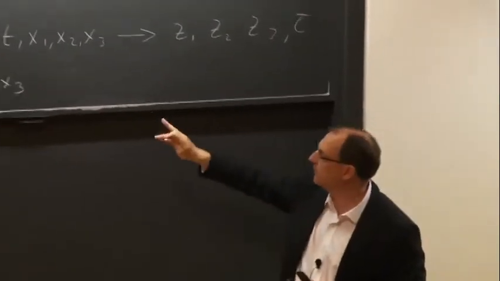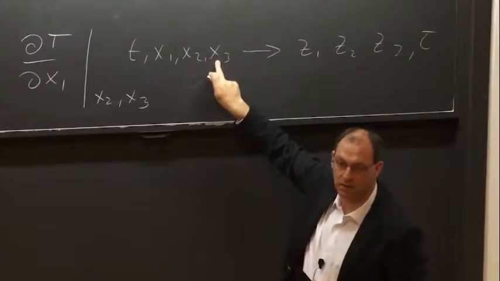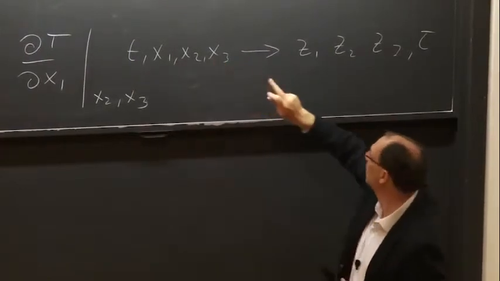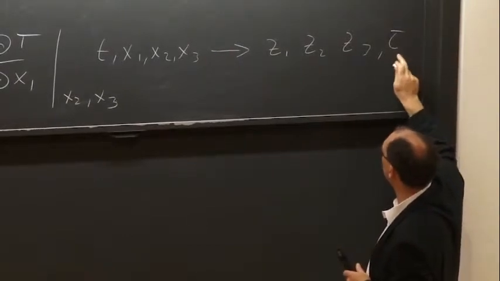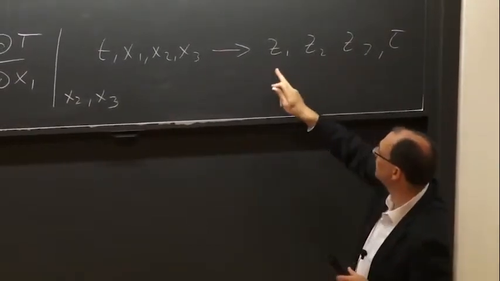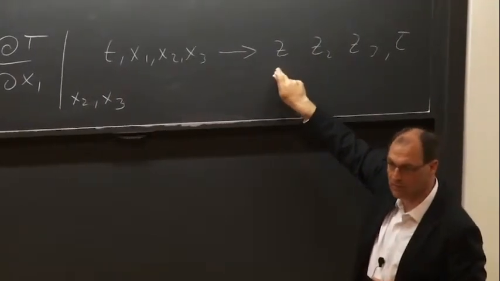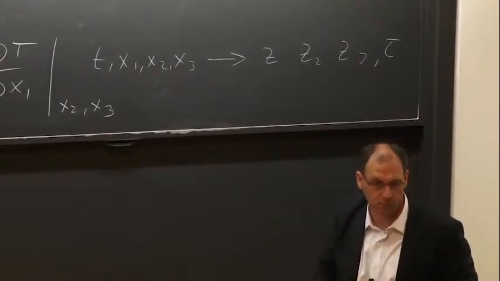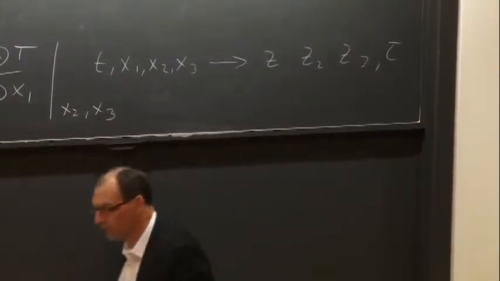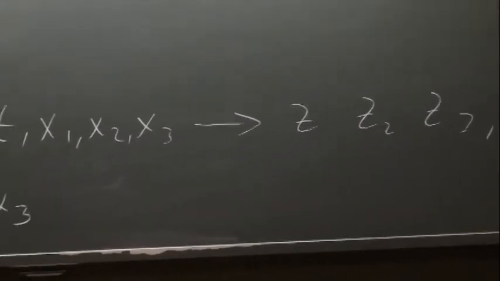D by dt here means at one point in space. D by d tau, or let's say I call this also t, d by dt in this system means at a constant mixture fraction, at constant z. That's different. That might be a point that moves in space. So keep in mind that we always need to think about the whole system.